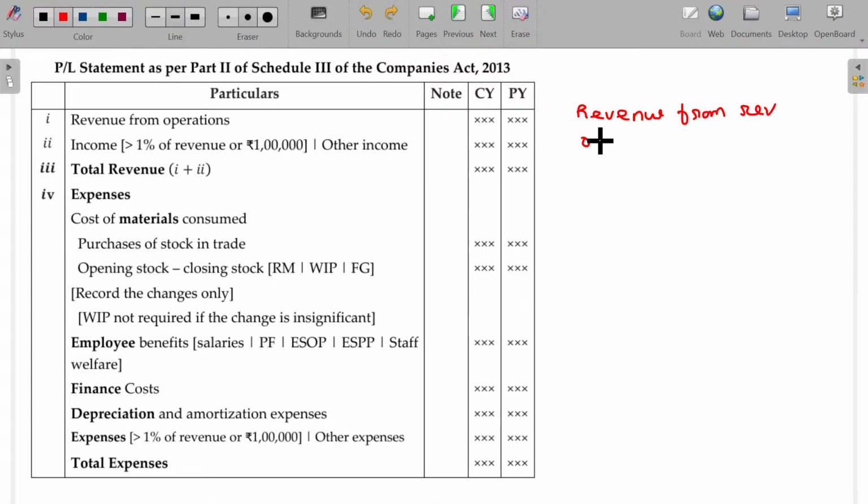In case of other income, if this particular income is more than 1% of the revenue or 1 lakh, that should be separately disclosed.